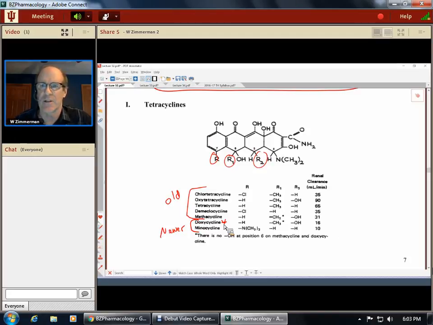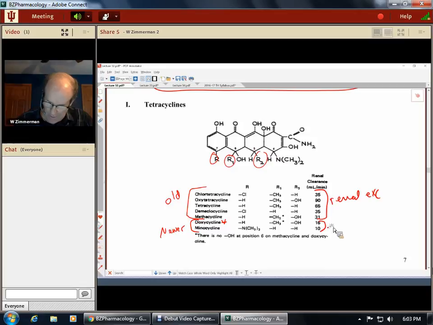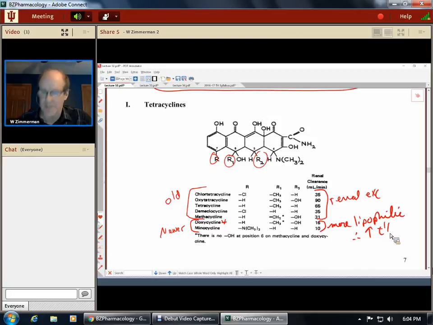It's a tetracycline. And part of what we see as a difference here is that the older ones have a lot of renal excretion, clearance around 30 all the way up to 90 mLs per minute, which is quite high. Whereas we'll see with the newer ones, they're more lipophilic, and therefore they've got an increased half-life, and that explains a lot of their popularity.